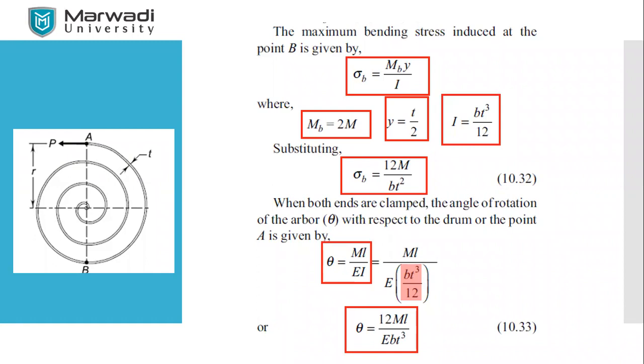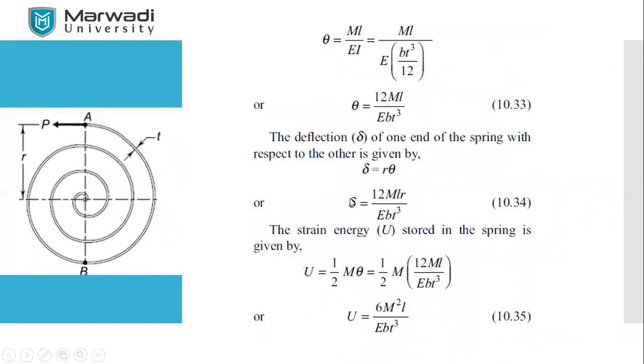You can utilize this value of theta and the value of sigma_b in the equation of delta, because the deflection of one end of the spring with respect to the other end is simply given by delta = r theta. This is the well-known fundamental equation we can consider.